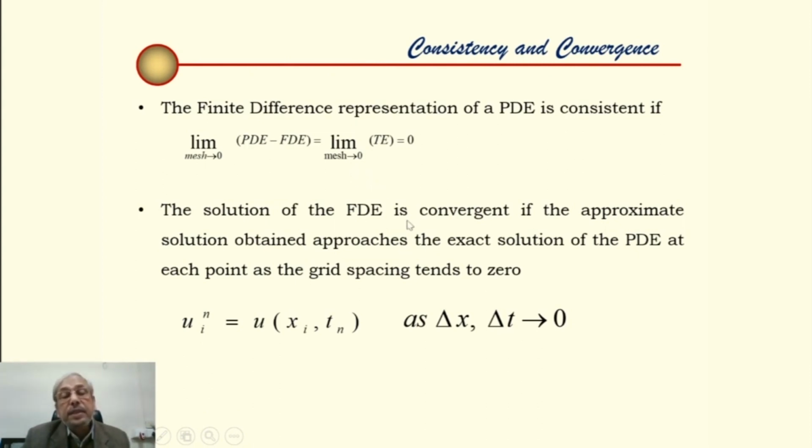So if all these tend towards 0, then this truncation error has to vanish. Then only the finite difference quotients, if we put them together to form the finite difference equation, will be equivalent to the partial differential equation.